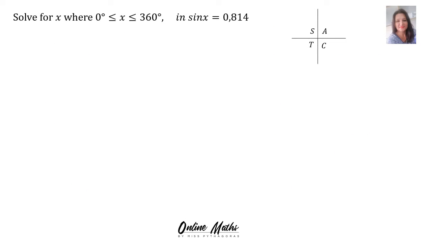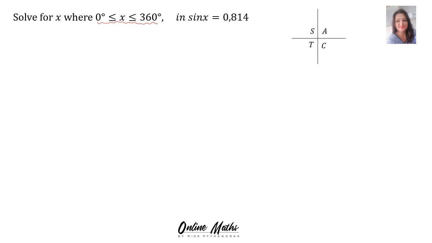Solve for x where, and then I give you the interval, and this reads as x is smaller or equal than 360 degrees and x is greater or equal to 0 degrees. So this is just a fancy way of writing that your solution can lie in any of the four quadrants.